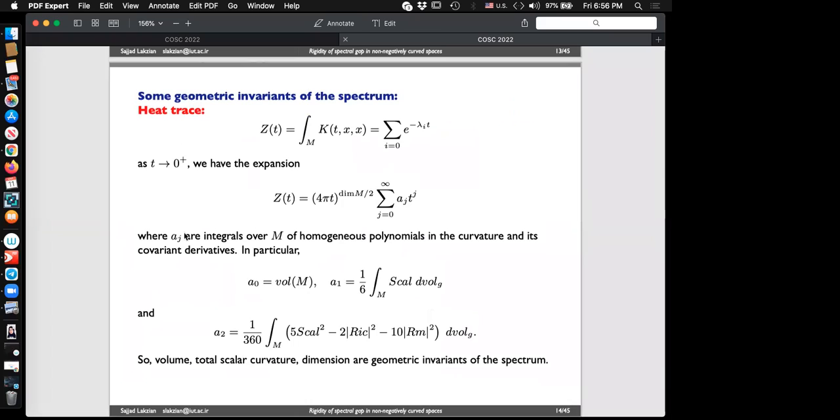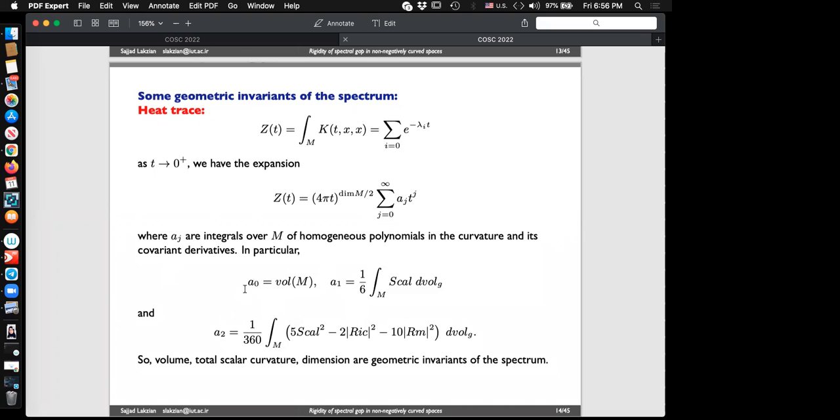What kind of quantities from geometry can we figure out from the spectrum? Some easy answers come from the heat trace. If we know the spectrum, we know the heat trace, and the heat trace also encodes some curvature functions as its coefficients.